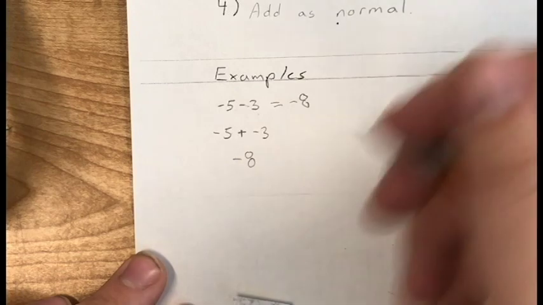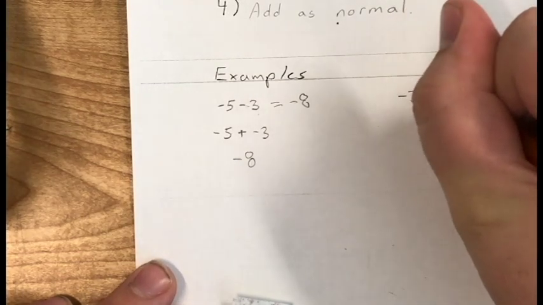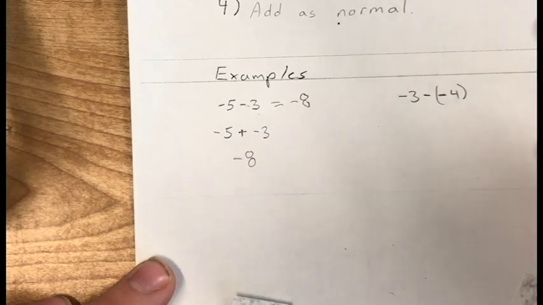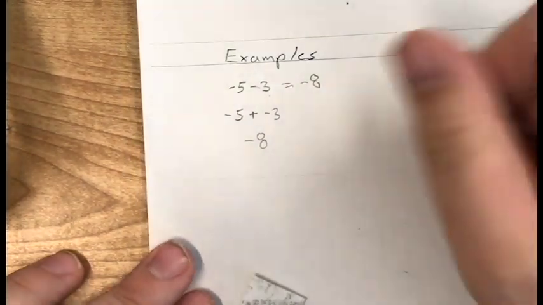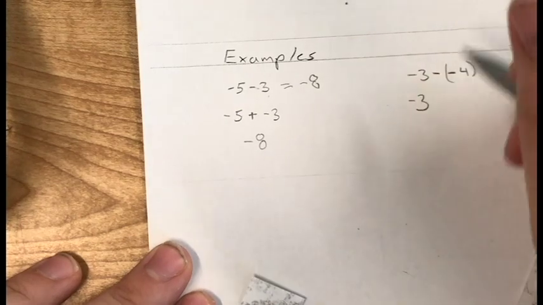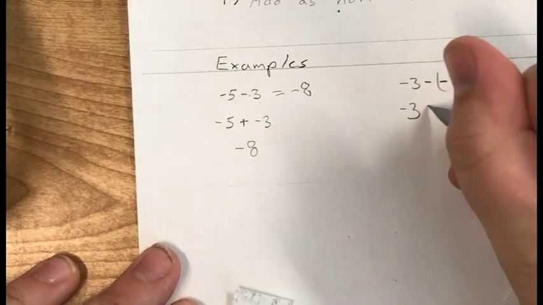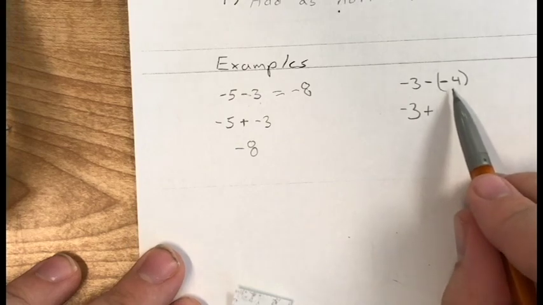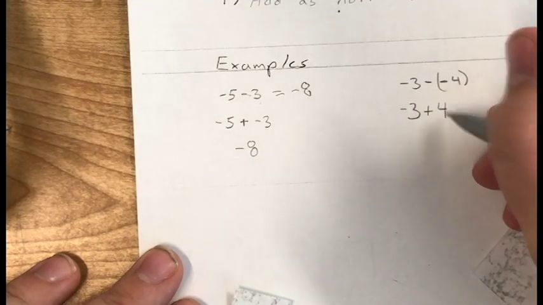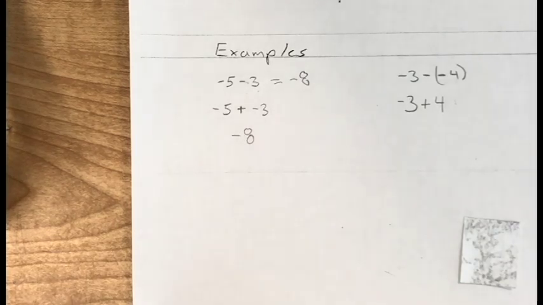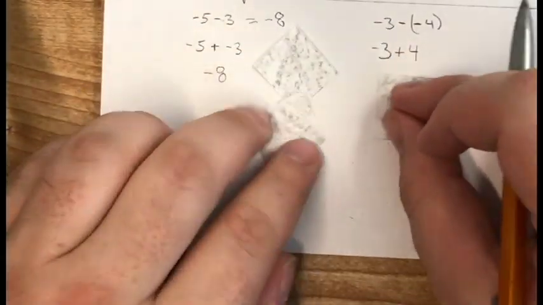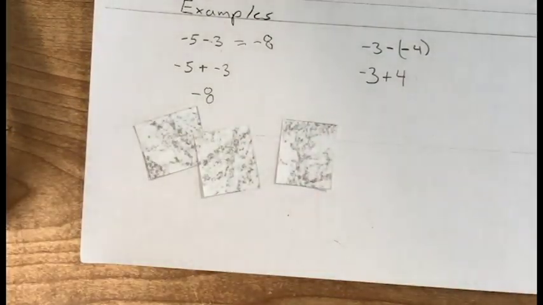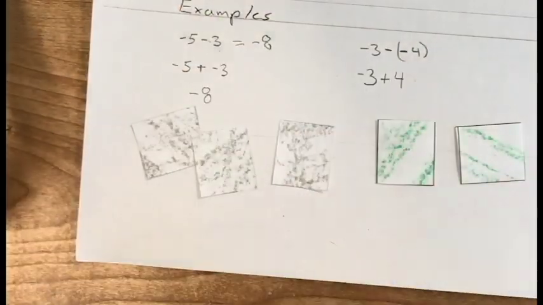Let's do another one. Let's say -3 minus -4. My first step, I'm going to keep my first number, change it to addition, and change the second number into its additive inverse. In this case, it will be 4. So let's do that. -3, right here, and I'm going to add +4.